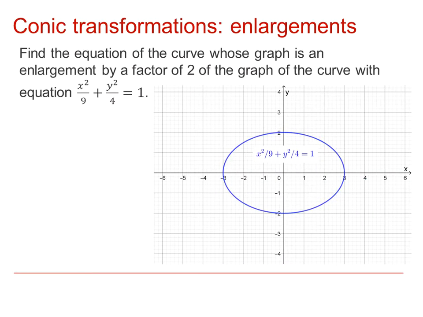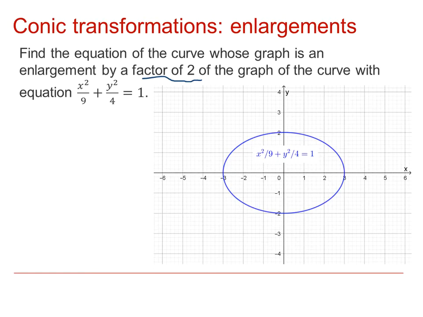The first is an enlargement, and to illustrate that we're going to look at enlargement scale factor 2. Now by an enlargement we simply mean a stretch by the same scale factor in both the x and the y direction. So remember, if we're stretching by a scale factor, then we divide the relevant variable by that factor.